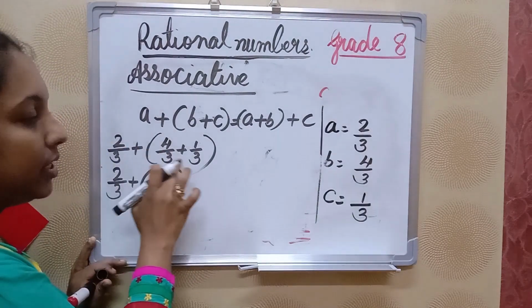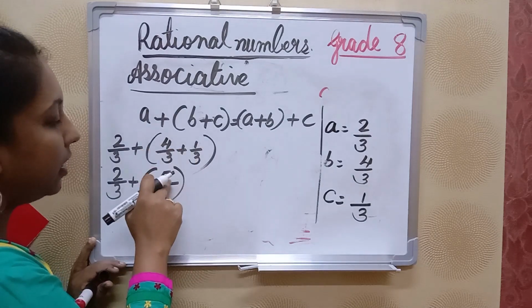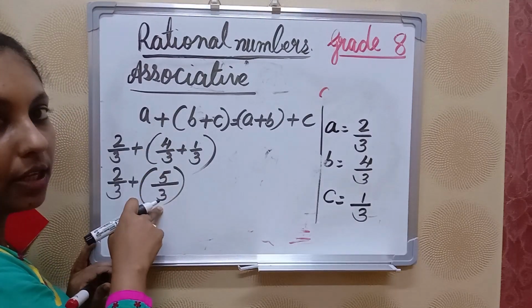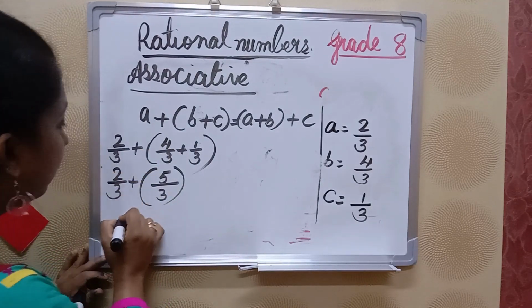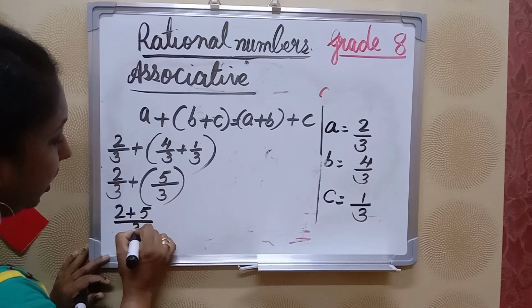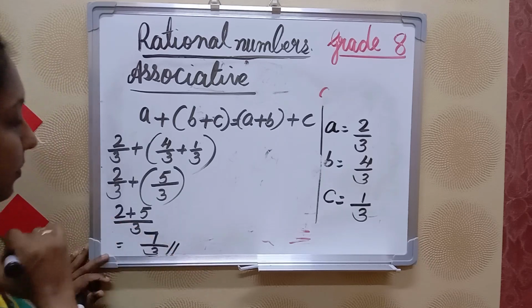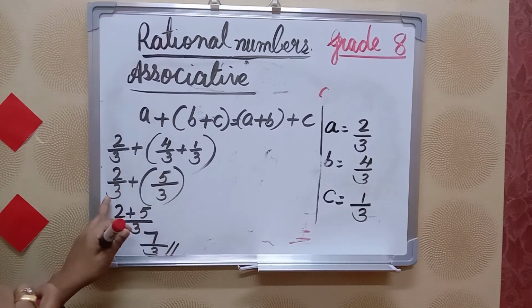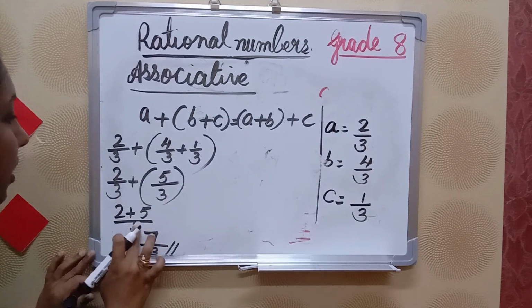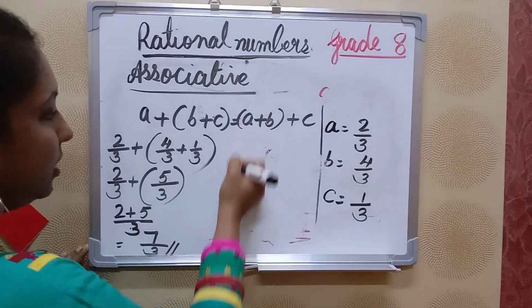It's a very simple one, that's why I directly wrote it. 4 plus 1 is 5 divided by 3. Then 2 by 3 plus 5 by 3 is equal to 7 by 3.